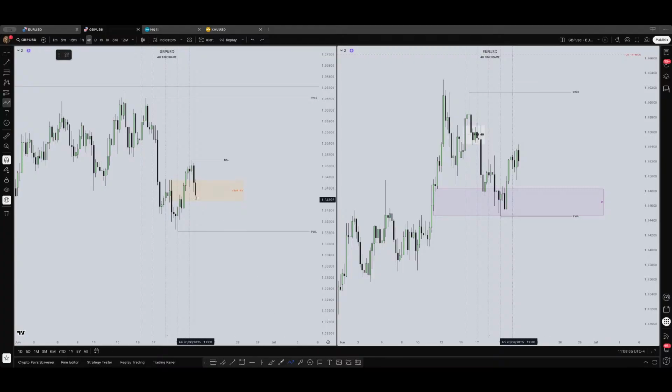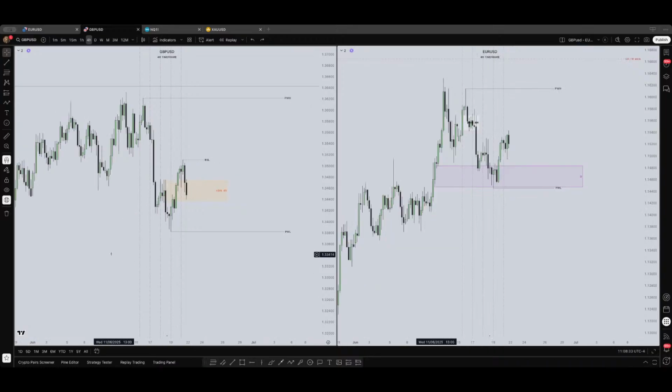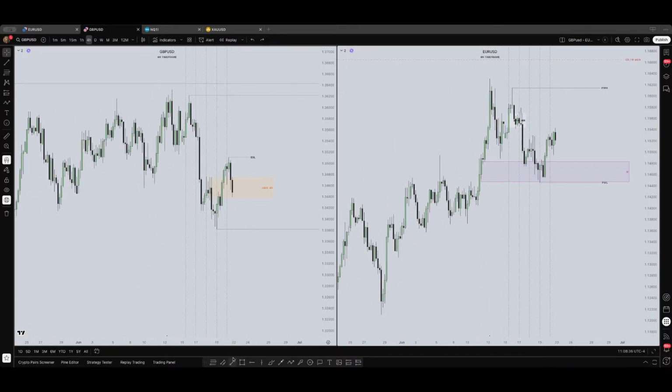The perfect scenario, if I'm expecting lower prices, first we'll expect the fake movement, take these highs, and then visit also, I'm checking here, we have a breaker also going lower, so that will be very interesting. Of course, also we have a market structure shift, and that also gives more confirmation.